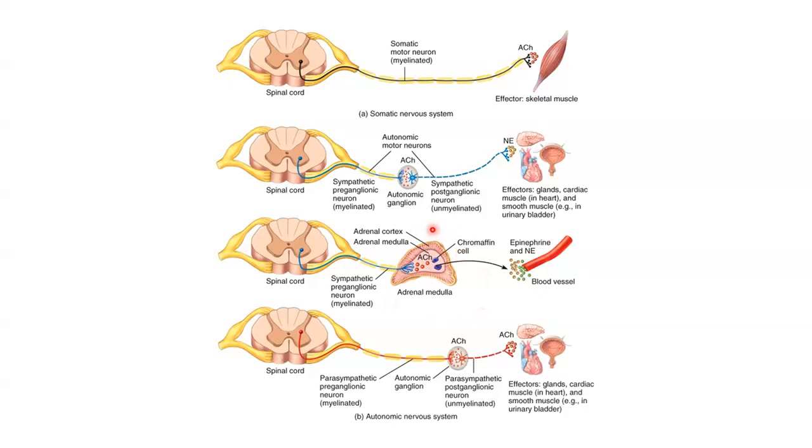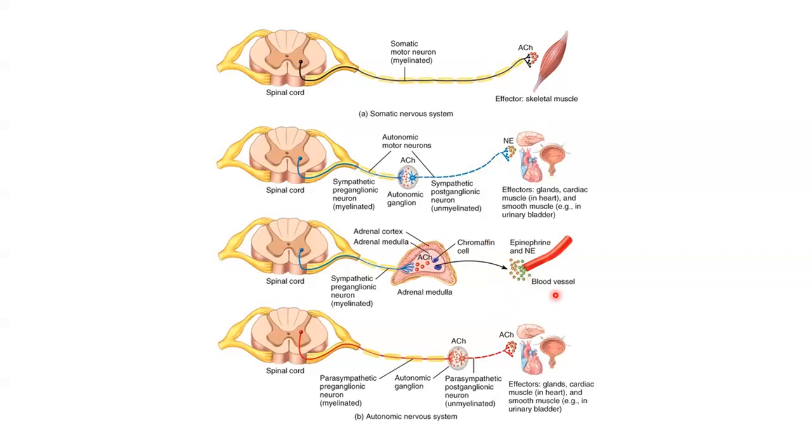The chromaffin cells act a bit like a ganglion. So these chromaffin cells secrete the neurotransmitters epinephrine and norepinephrine, and that's how they affect the effectors. So it doesn't have a motor neuron directly innervating the effectors. We release epinephrine and norepinephrine from our chromaffin cells, and in turn they will control our effectors.